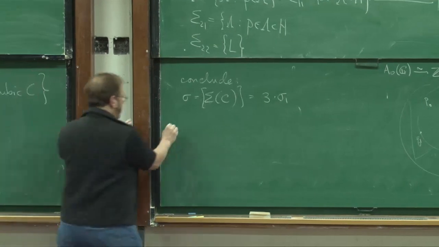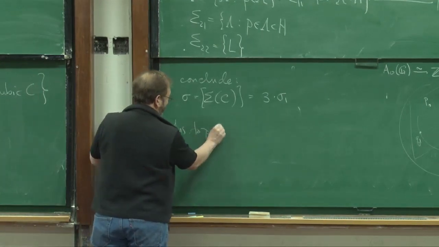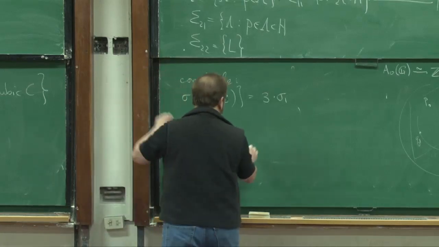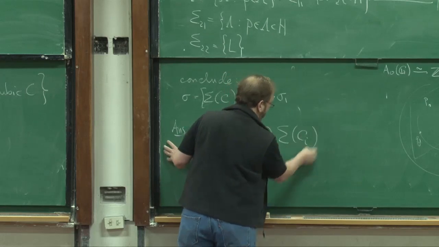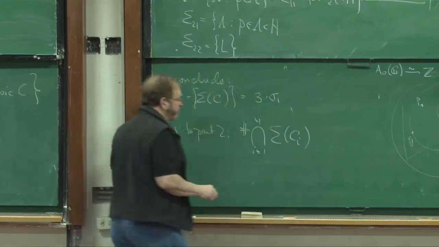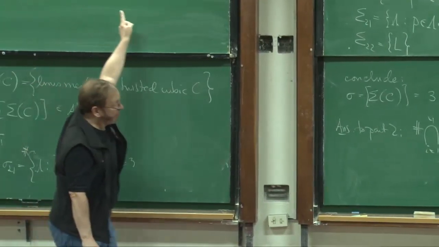And so the answer to part 2 is the cardinality of the intersection of sigma of Ci, i from 1 up to 4. So now we have 4 twisted cubics. We want to know how many lines meet all 4.